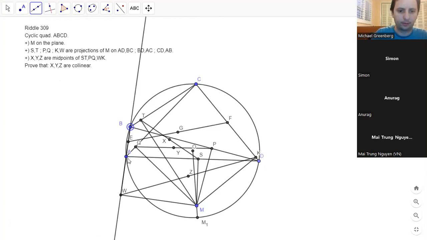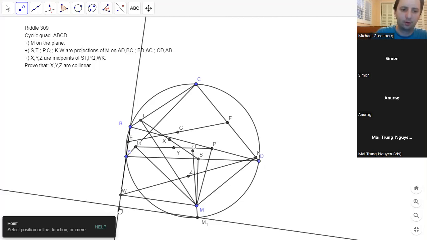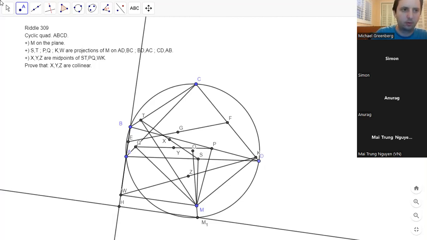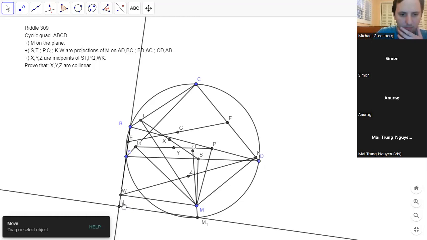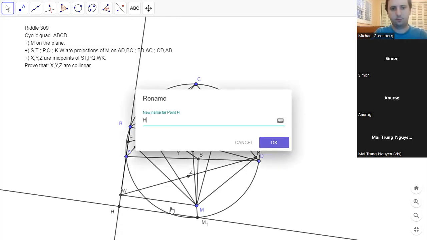So you have the perpendicular from M1 to AB. That's the foot of the altitude. You can name it E1.